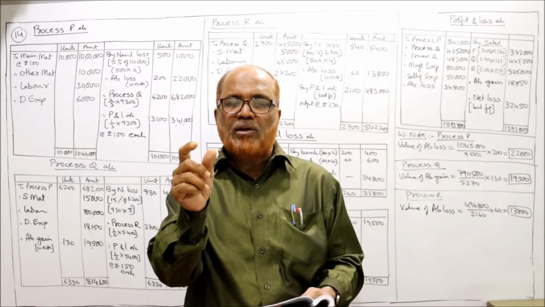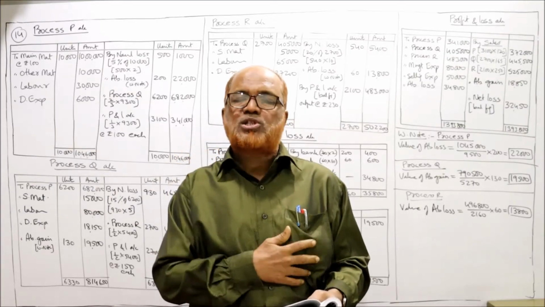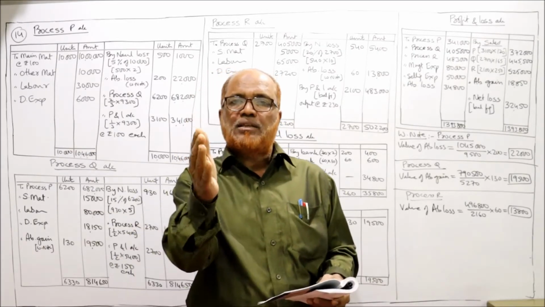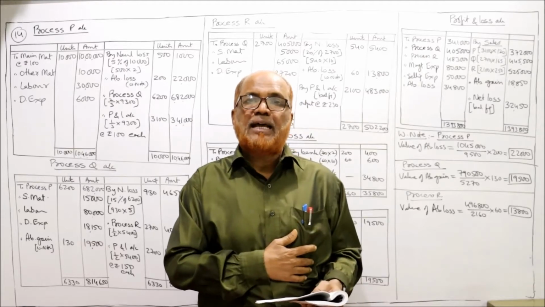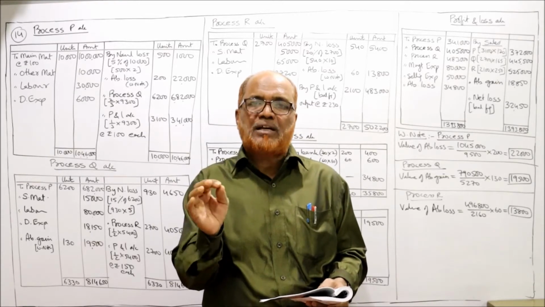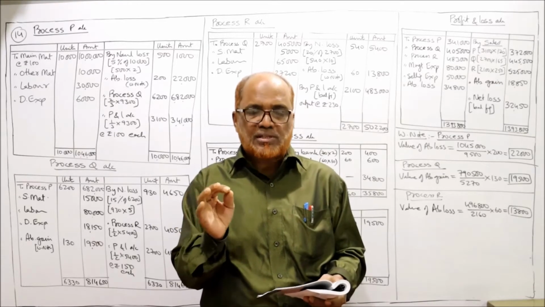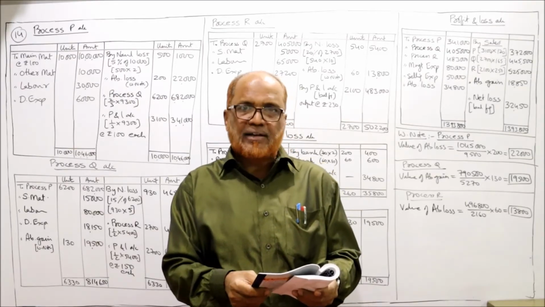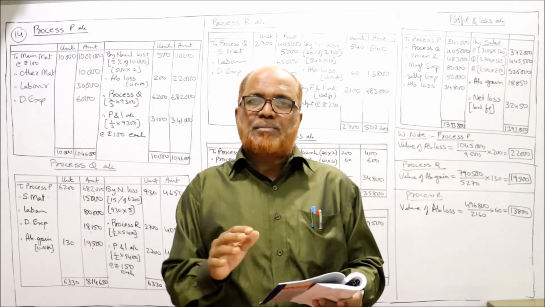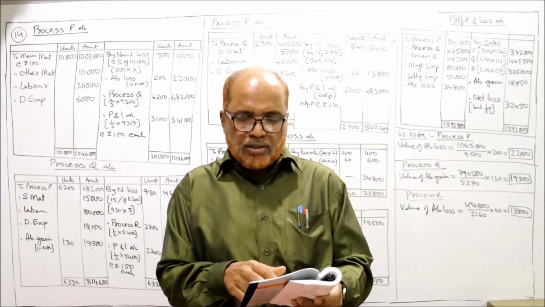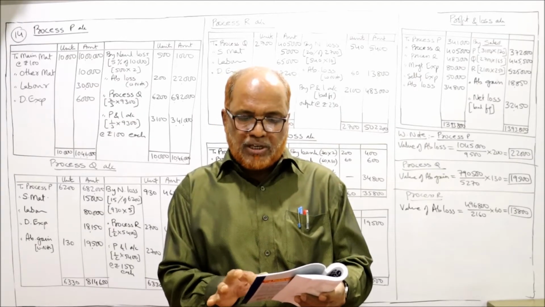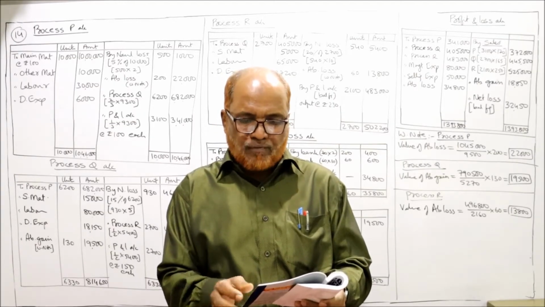So 10,000 into 100, 10 lakh rupees is the main material issued in process P. Then sundry material, apart from that main material, some sundry materials are also issued for every process P, Q, R: 10,000, 15,000, 5,000.